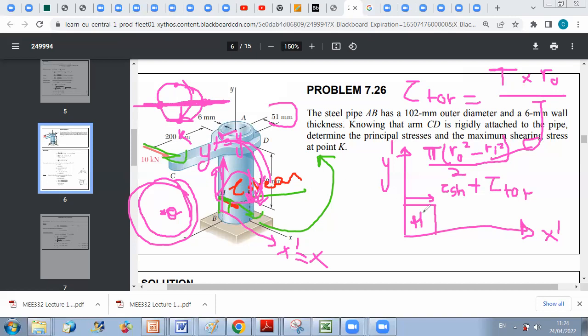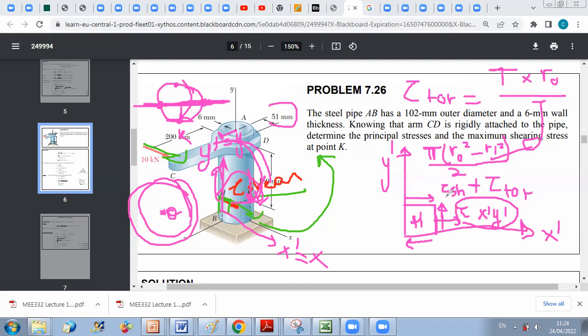So now if we want to plot the state of stress at H, we just have tau. We don't have normal stress. So we can put this. This is called tau x prime y prime, and it's positive because, as you can see, if I take this face, the normal axis is x prime, and its tau is along positive y prime, so tau x prime y prime is positive.